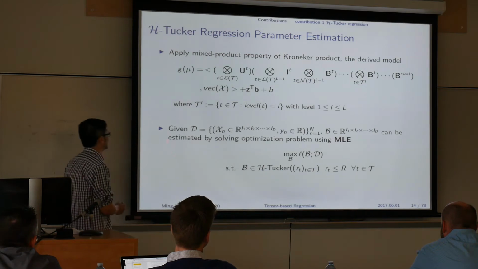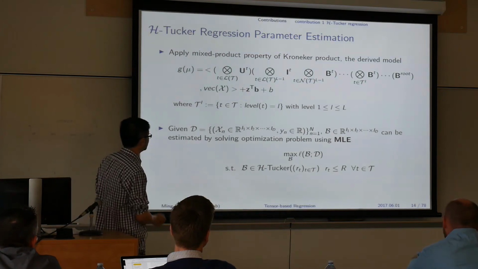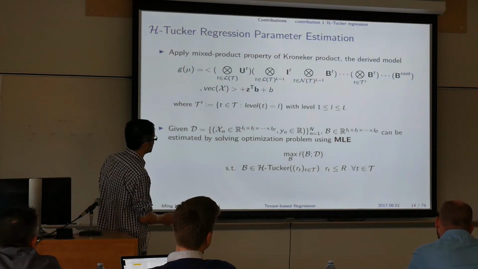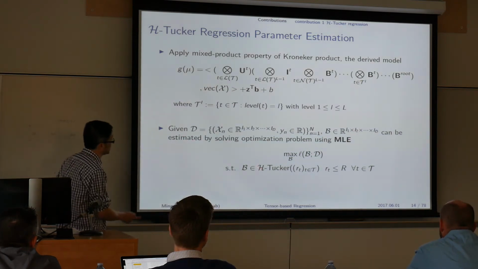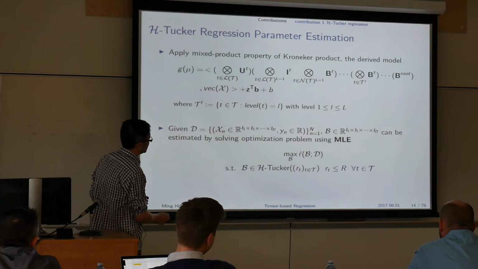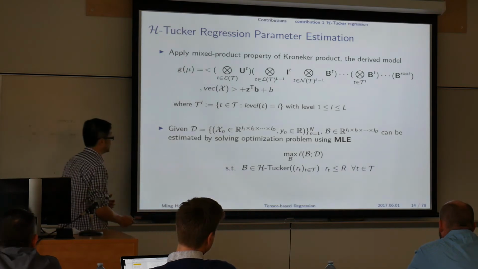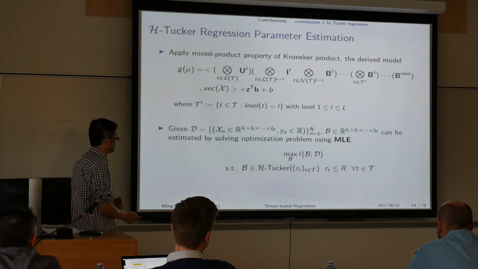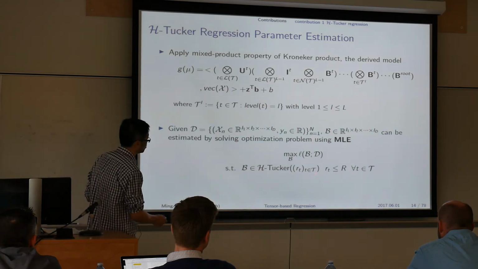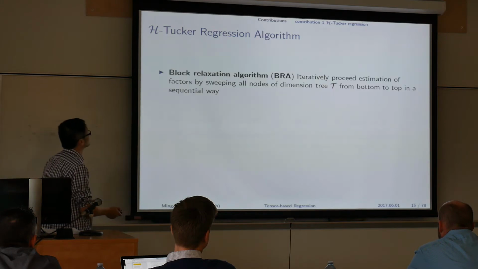So given a collection of samples, the parameter tensor can be estimated by solving the following estimation problem using MLE. Here L is the concave log likelihood, and B is assumed to follow H-Tucker format with a low rank constraint.